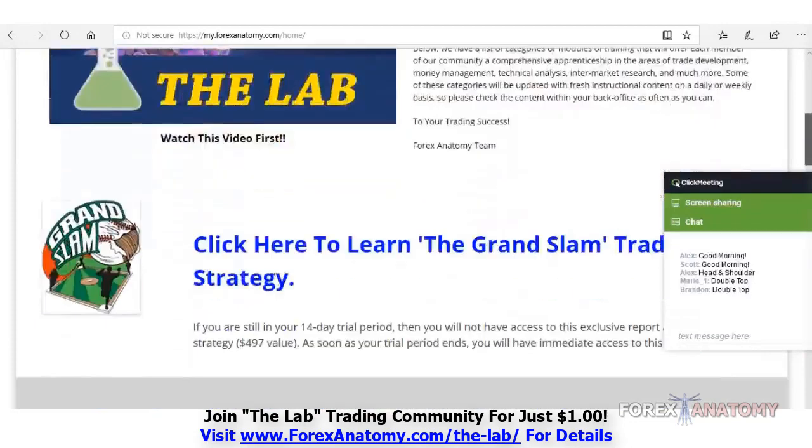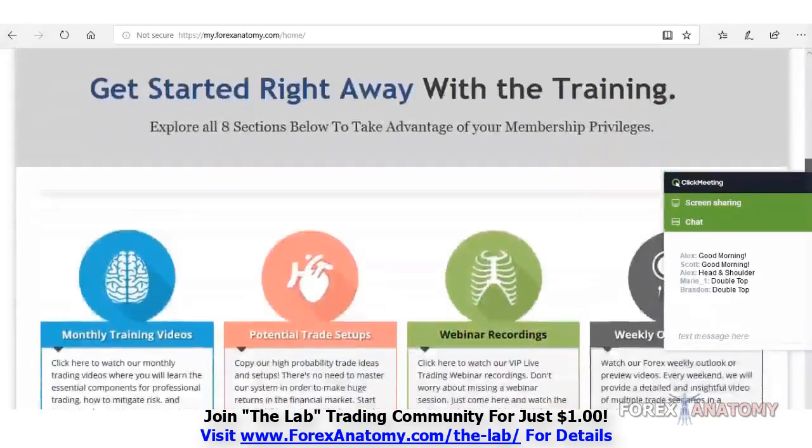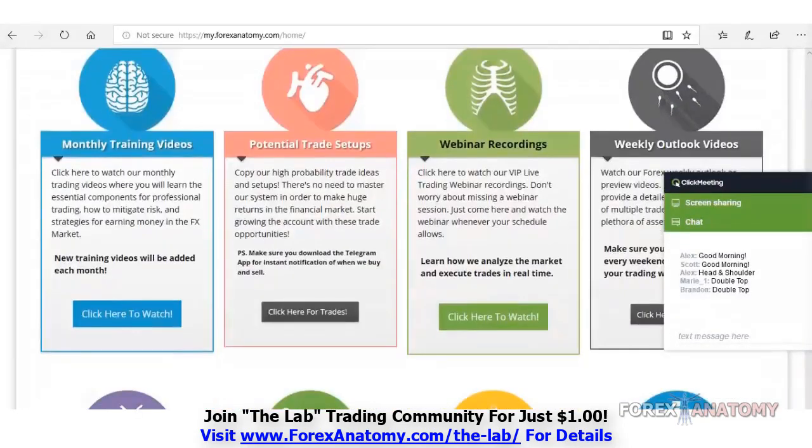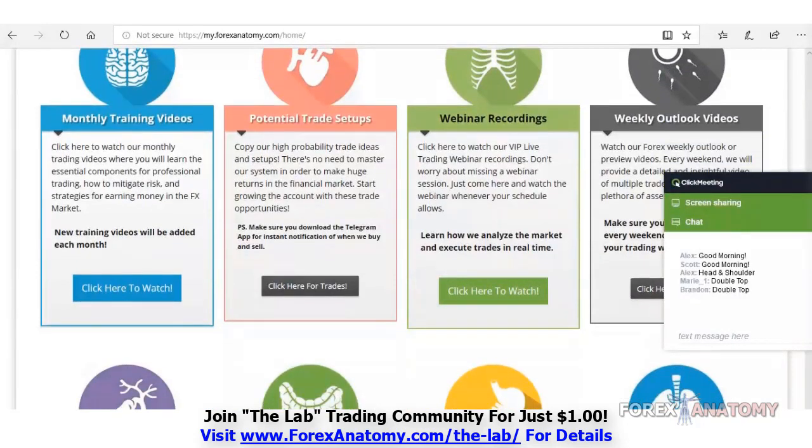But if you scroll down, this is where we have the content of our membership site. We have monthly training videos right here. We have potential trade setups, even though the majority of our trade setups and ideas we will send you over Telegram to our phone. So that's something to be mindful of. Make sure you download our Telegram app.